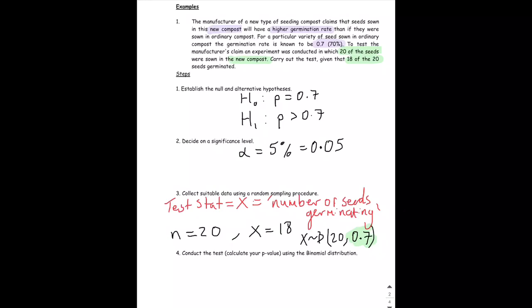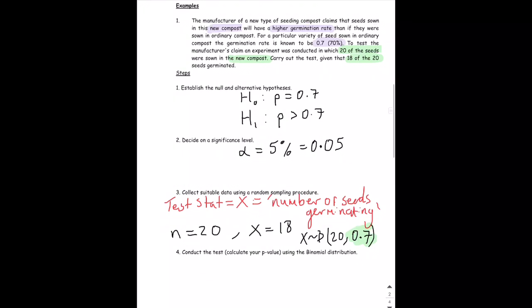So that's the information that we got from the question: what we are counting, which is the number of seeds germinating, how many we planted, and how many did germinate, so we can work out the binomial distribution. We can also see, in regular compost, how many would I expect out of those 20?